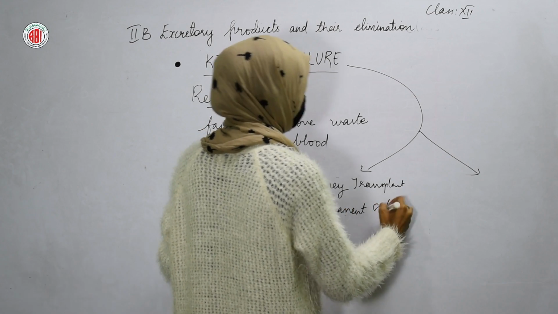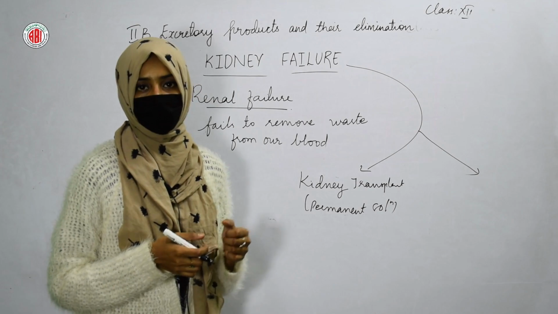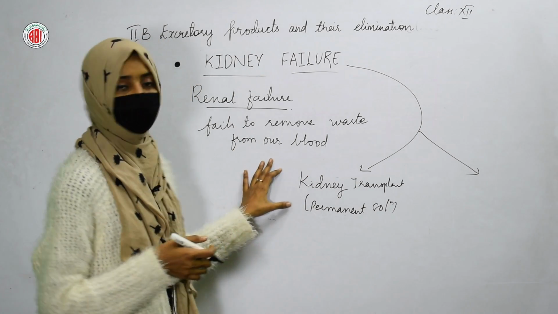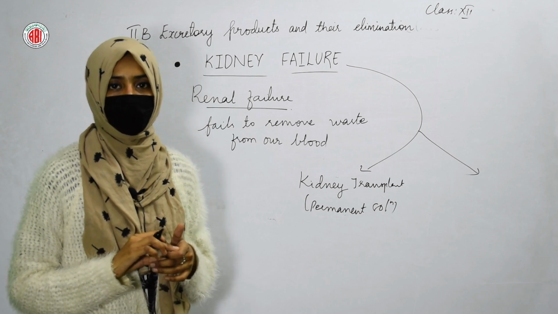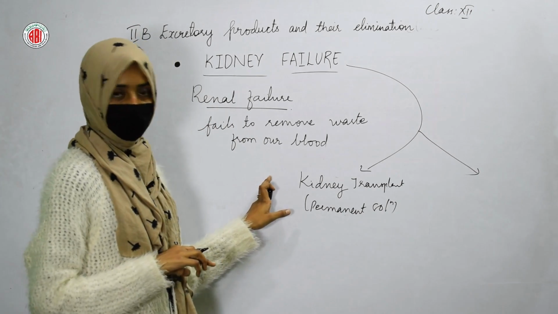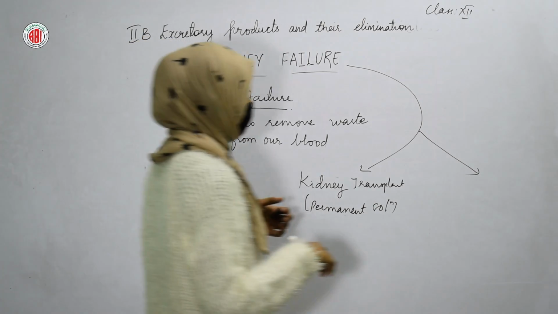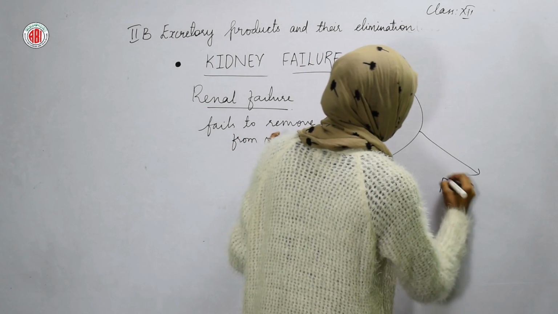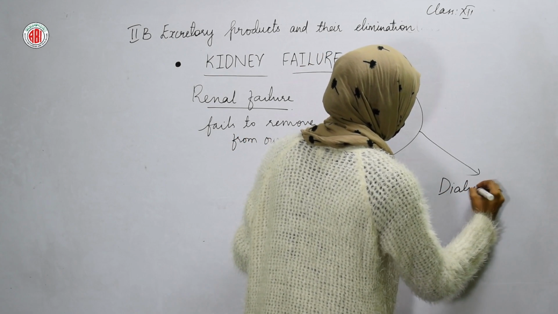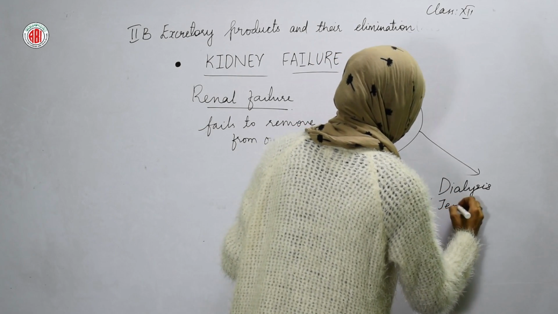But if a person cannot afford to buy a kidney, cannot afford kidney transplantation, what type of treatment can they go for? They can go for a temporary solution, and the temporary solution to treat kidney failure patients is dialysis. This is a temporary solution.